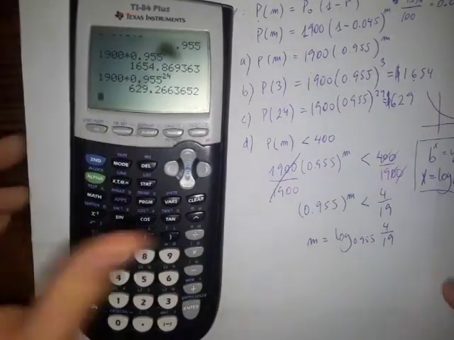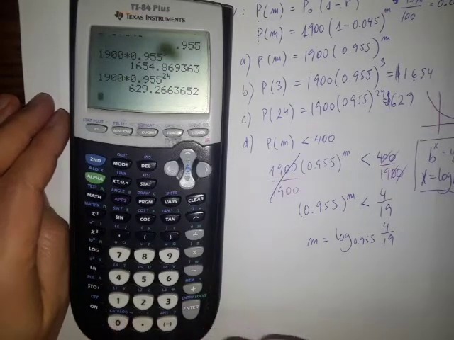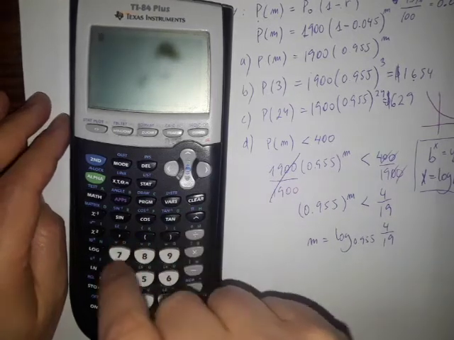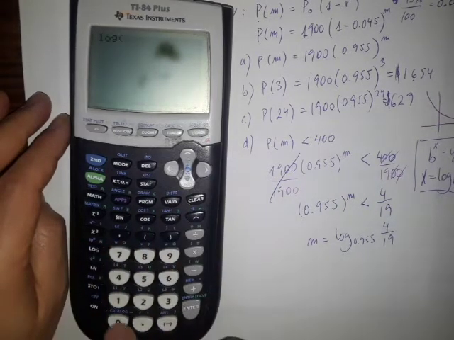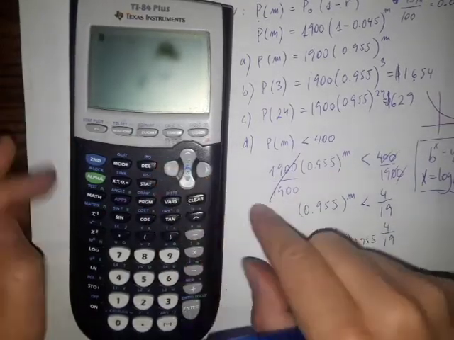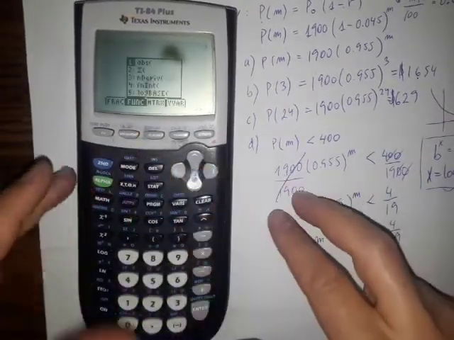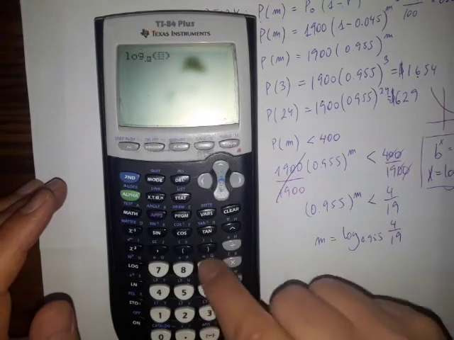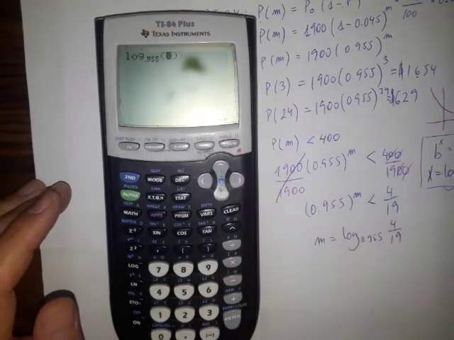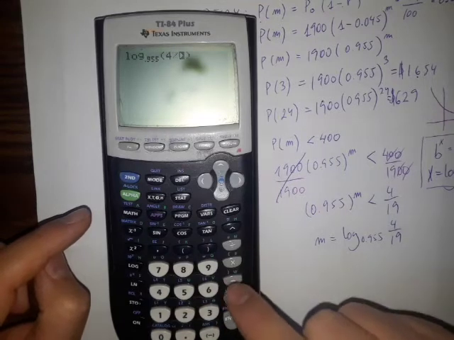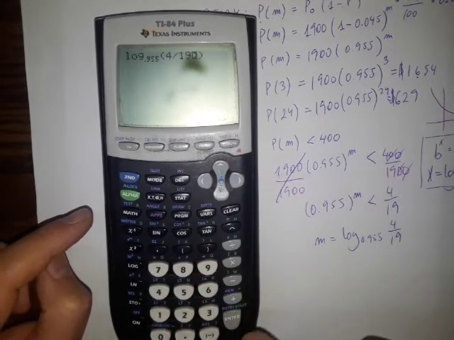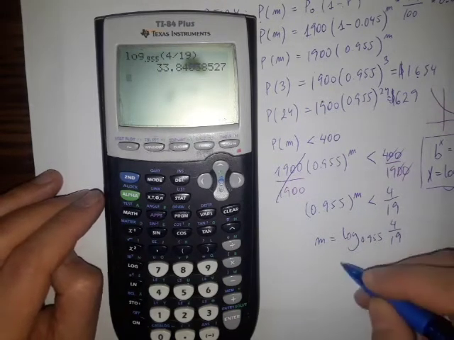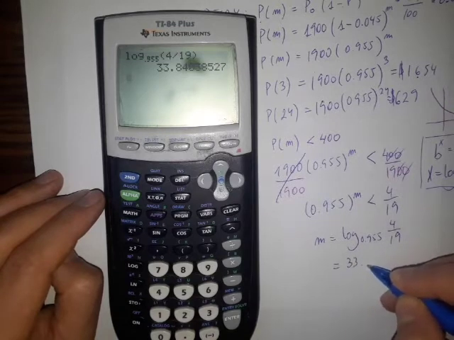We use now the calculator to do this log, the base, alpha f2, is 0.955, 4 over 19, so that's 33.84.